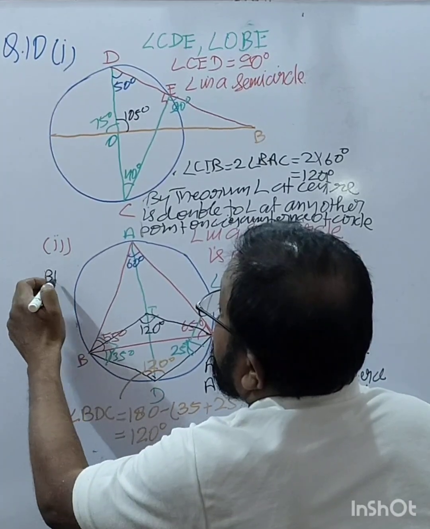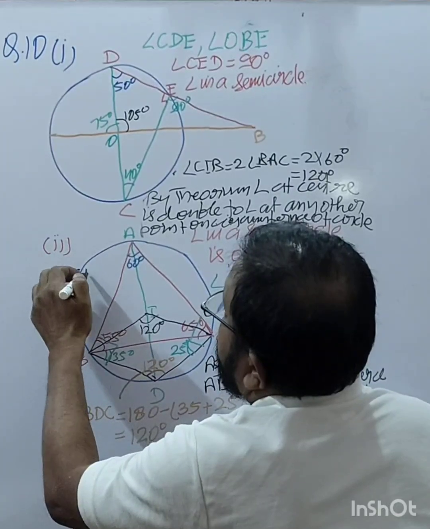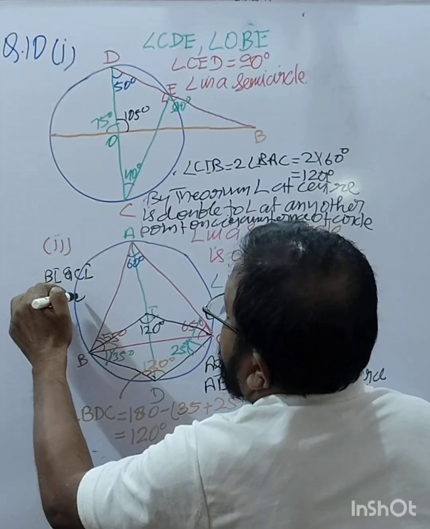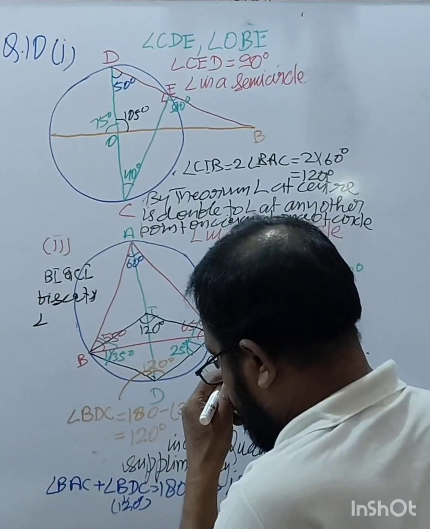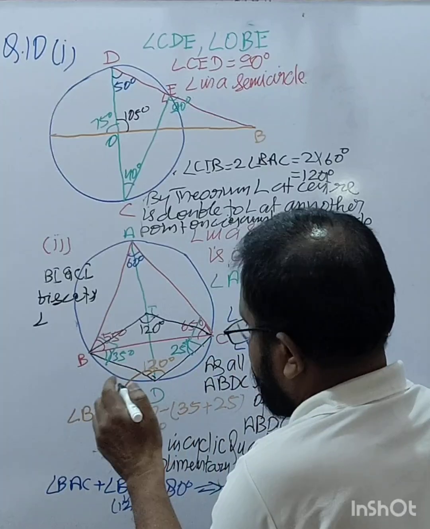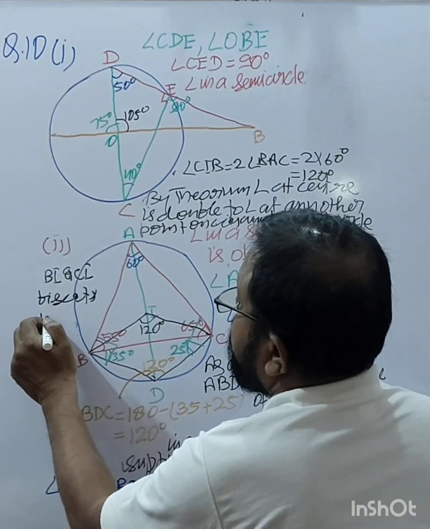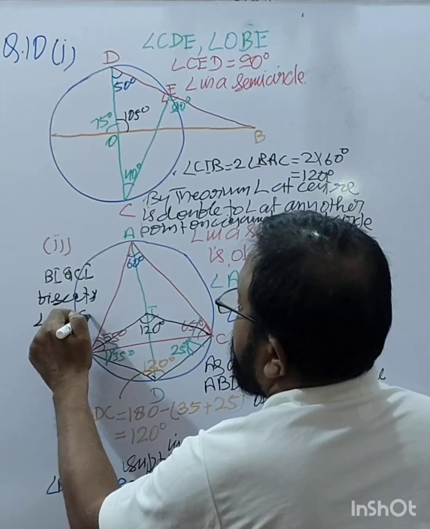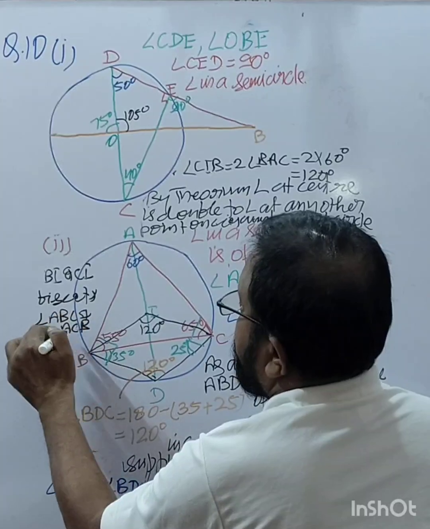BI and CI bisect angle ABC and angle ACB.